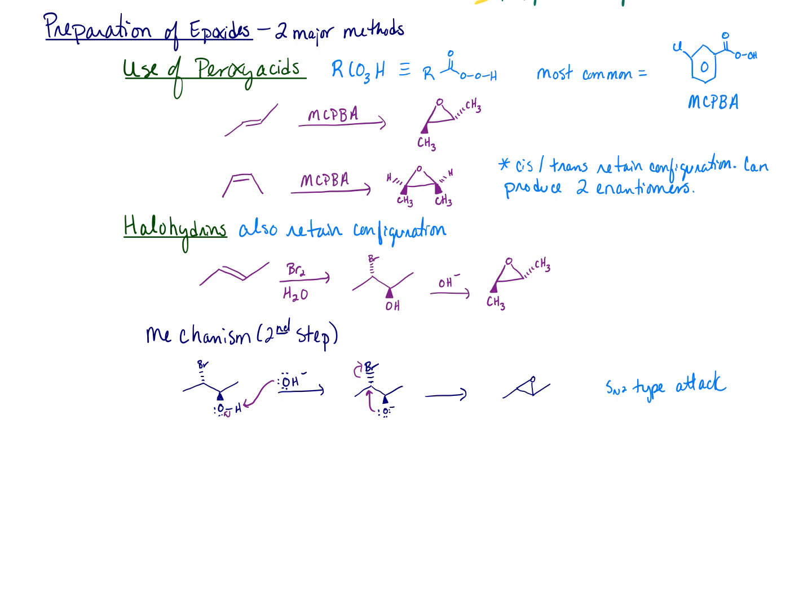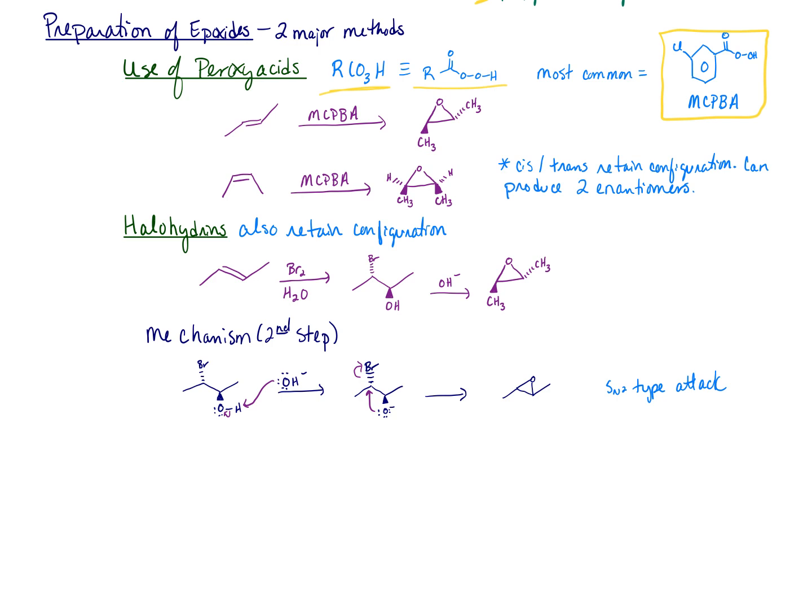So the most common form of peroxy acid is known as MCPBA. So that stands for metachloroperbenzoic acid. So this is a perbenzoic acid or peroxy acid. All of those things are the same thing. So if you see reactions written out with one versus the other, they're all the same.